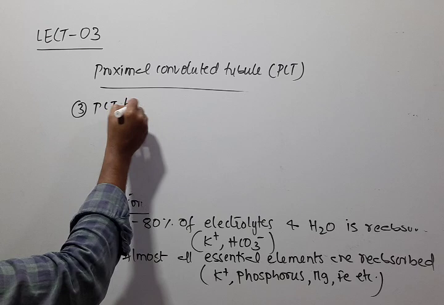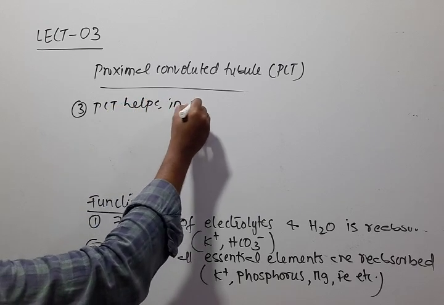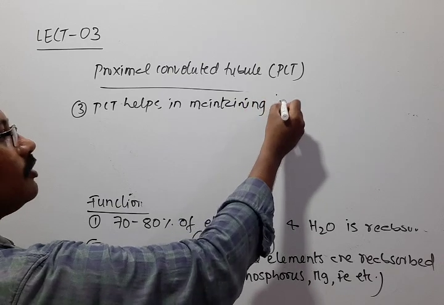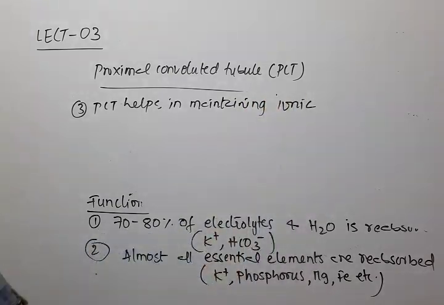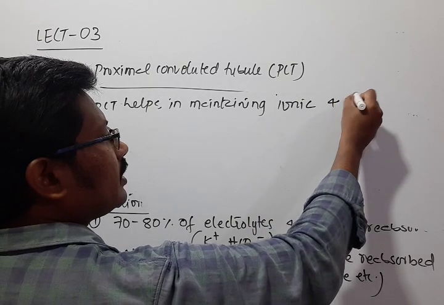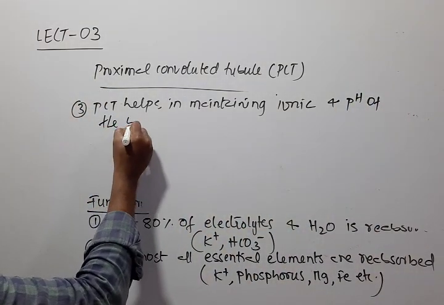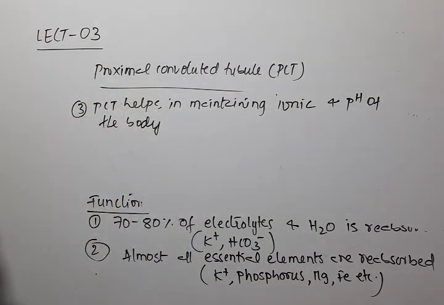So the PCT helps in maintaining the ionic balance and also the pH of the body, and it does this by the process of selective secretion of hydrogen ions.